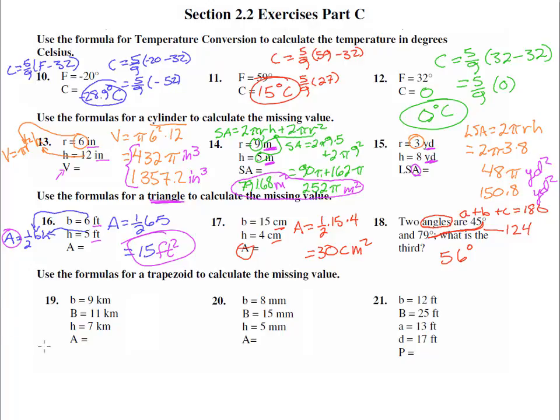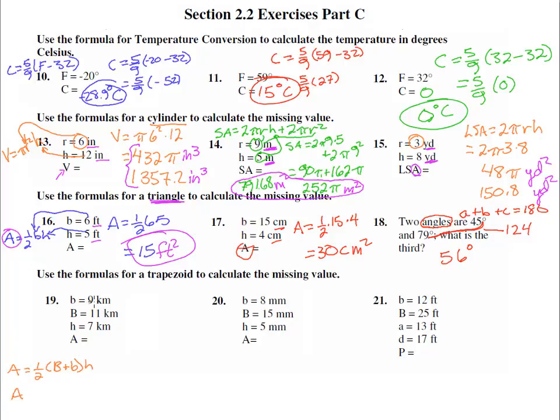Number 19. Use the formulas for a trapezoid to calculate the missing value. Now in a trapezoid, the area is 1/2 big base plus the small base times the height. And they may have height over here, 1/2 height times this. So let's see what we get.